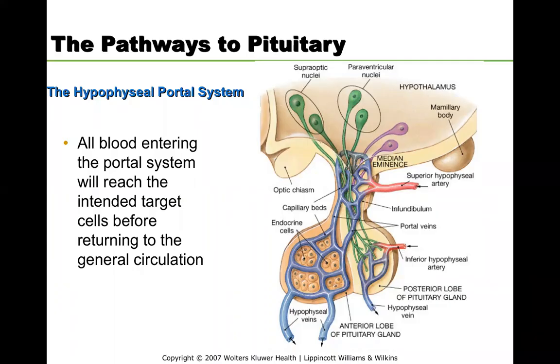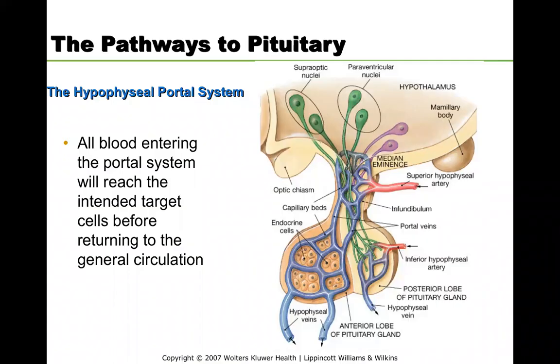The entire complex is a portal system: the entire thing coming from the superior hypophyseal artery, dividing into a capillary bed, and then passing into the next capillary bed. The entire thing can be called a portal system, and this network is known as the hypophyseal portal system.